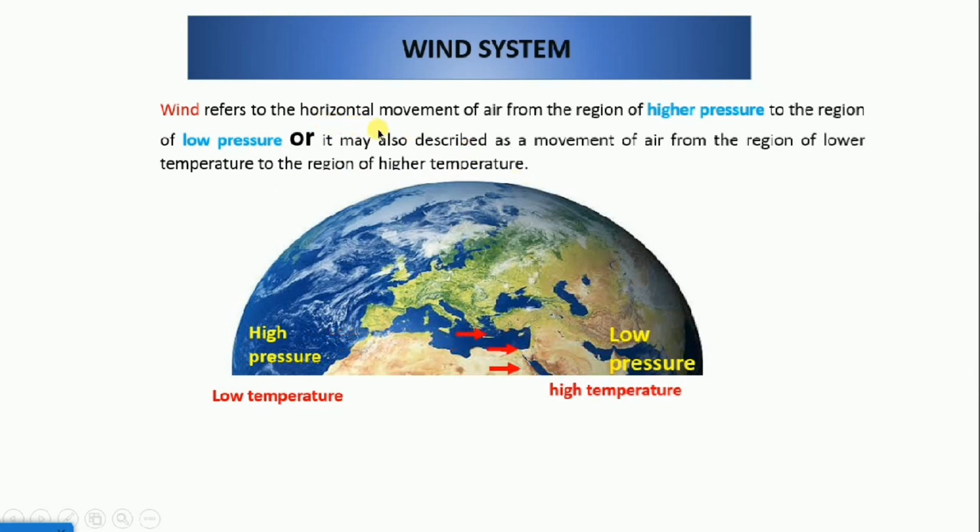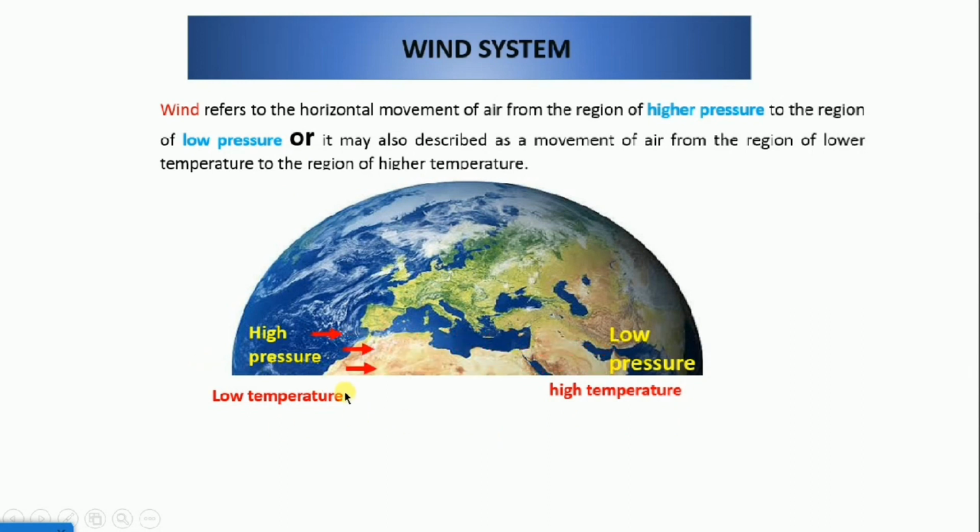As we defined, usually the wind is the movement of air from the region of high pressure to the region of low pressure. Vice versa, we can say that wind is the movement of air from the region of low temperature to the region of high temperature.